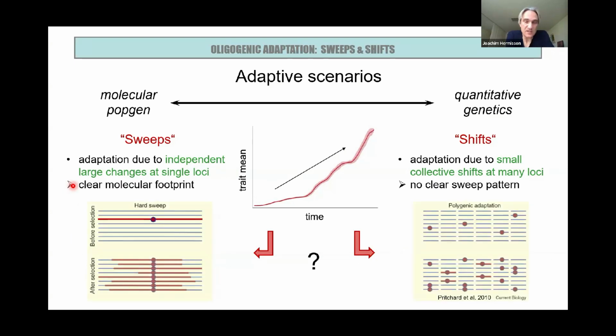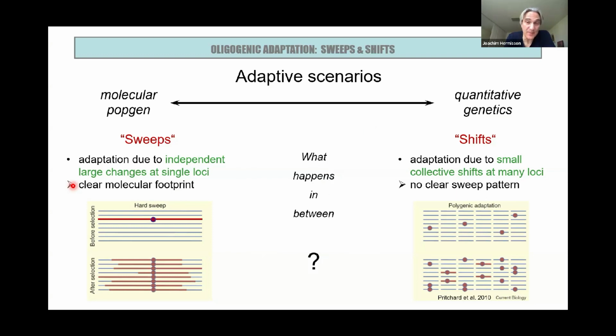This does not only have differences to the trajectories of selected alleles themselves, but also to the footprints around them, where we have these very strong footprints for sweeps, but very tiny things that are hard to detect for small shifts on the quantitative genetic side. So what happens in between?